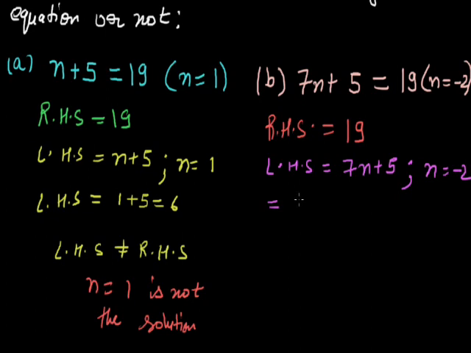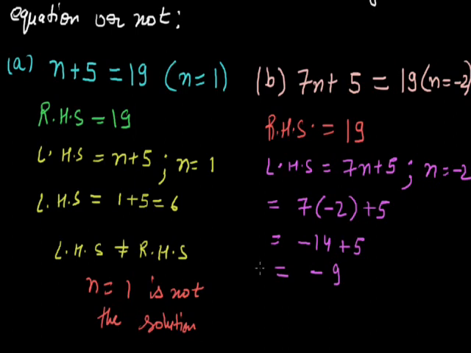So let us put the value: 7 into minus 2 plus 5. So it will give you minus 14 plus 5 and the final answer will be minus 9.